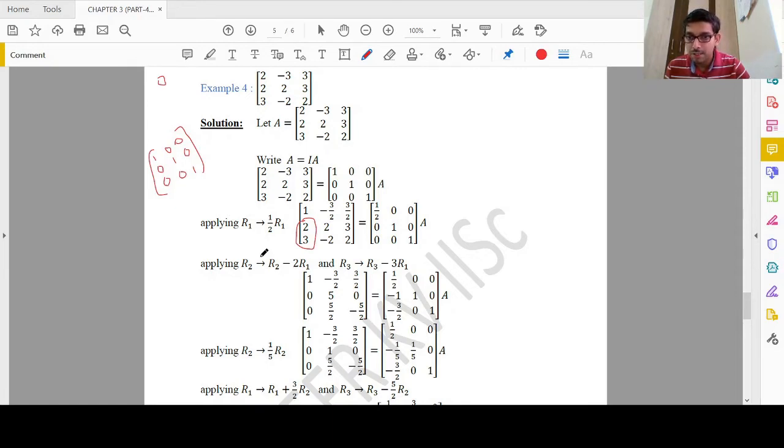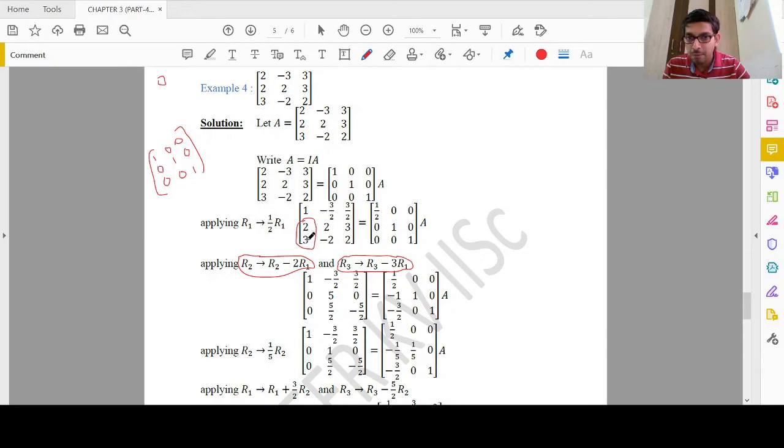But in the case of a 3 by 3 matrix, you can use two transformations at a time. The only thing to be noted is that we are changing R2 here, so for changing the other row, you cannot use R2. It should be independent of R2. Then only you can use two transformations at a time.